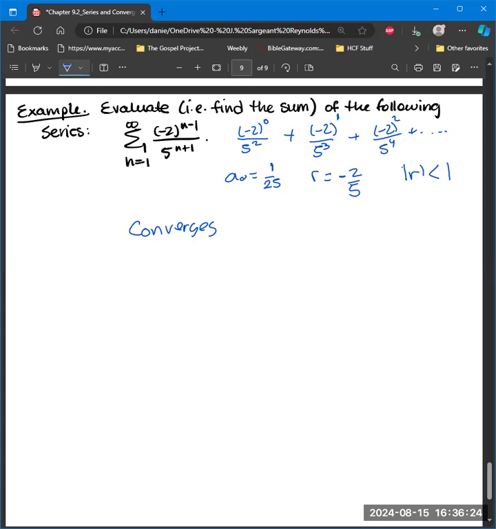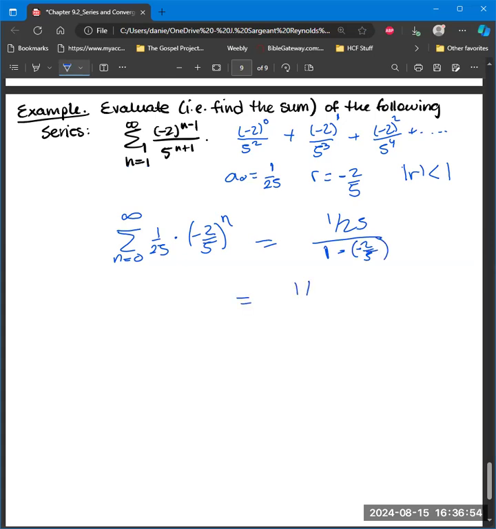So I'm going to rewrite this as the sum from n equals 0 to infinity of 1 over 25 times -2/5 to the n. We have 1 over 25 over 1 minus -2/5, which is 1 over 25 over 1 plus 2/5, which is 1 over 25 over 7/5.